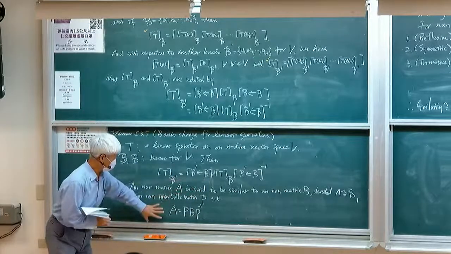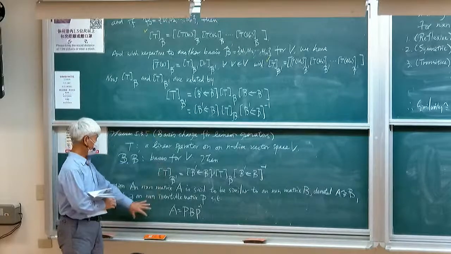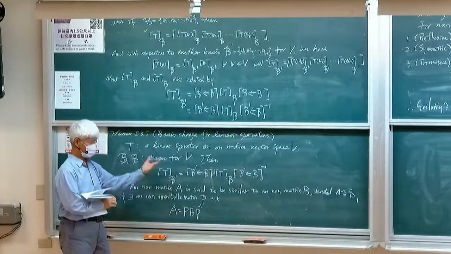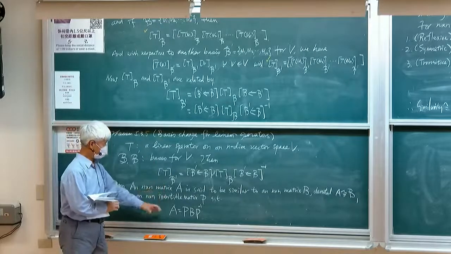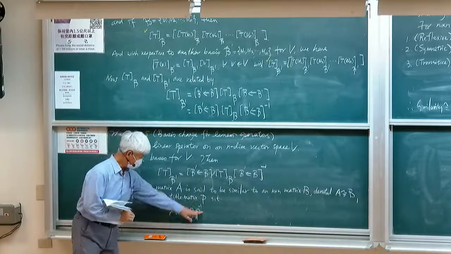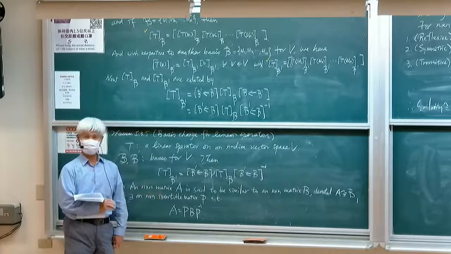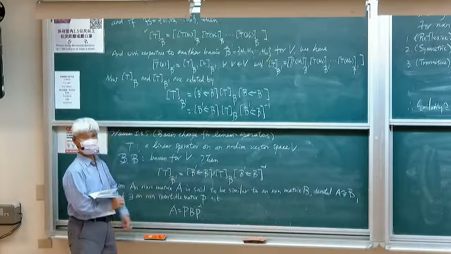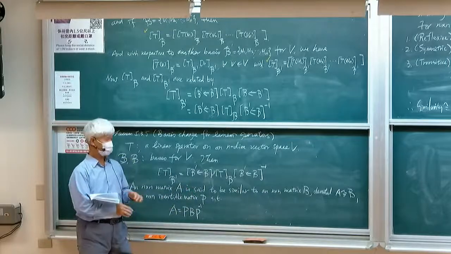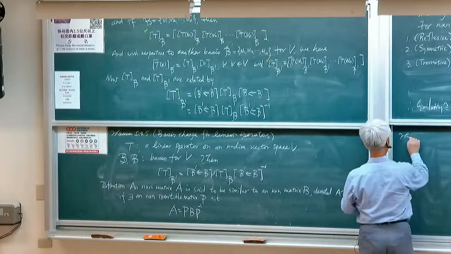Because we introduced similarity because of this equation, and we define similarity for arbitrary matrices. The question is just a curiosity: once we have two similar matrices A and B with this equation, can we find a linear transformation T such that A is this one, B is this one, and P is this coordinate change? And the answer is yes, we can do that. So that is the last theorem.